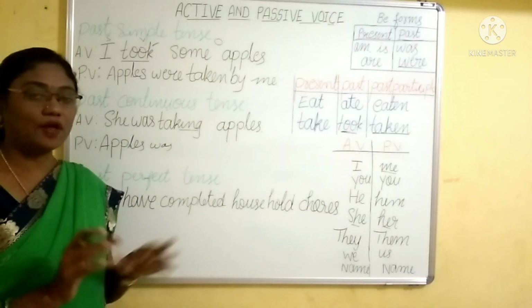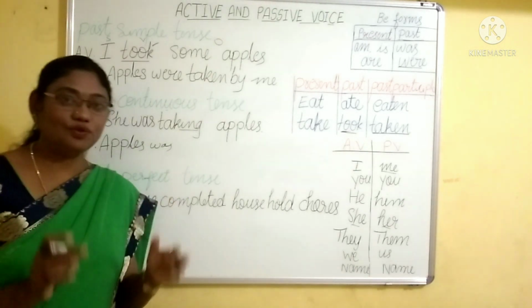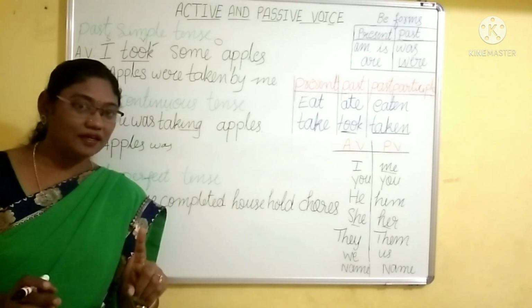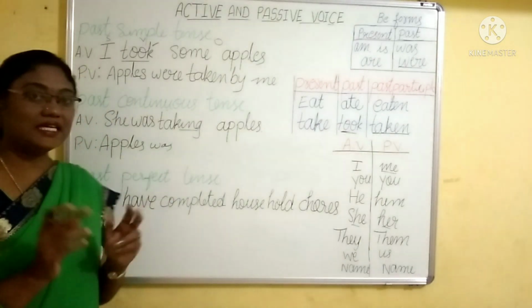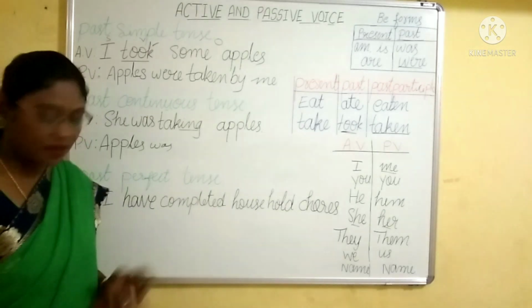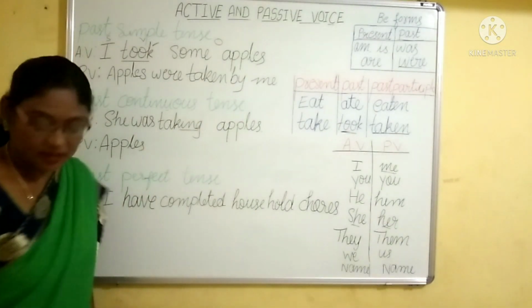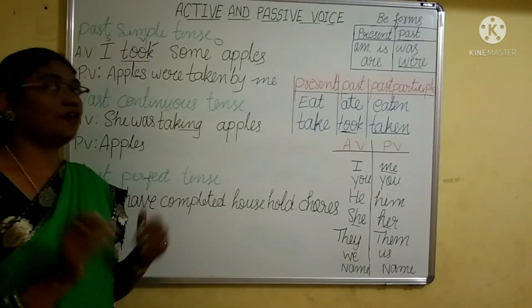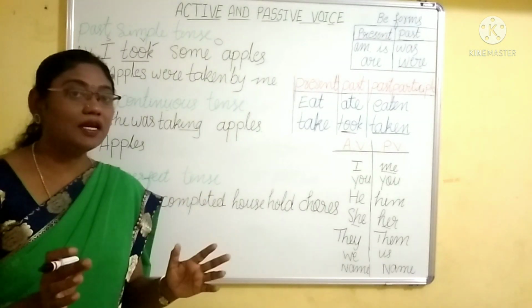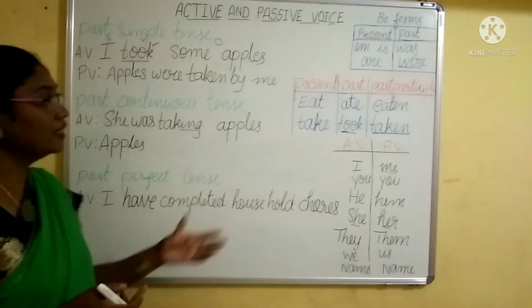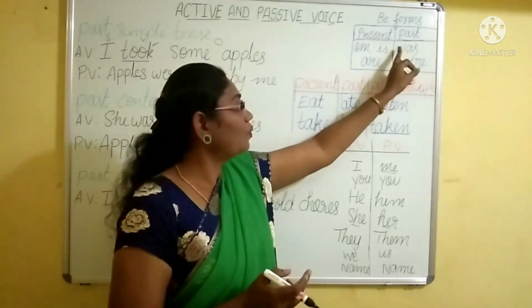Apples was? No, that's wrong usage. Because was is used with a singular subject. But the subject is plural. We are not supposed to use was here. Then we can select the be form. Okay, past tense, plural, be form. What is that? Again you go to the be forms. The past be forms are what? Was and were.